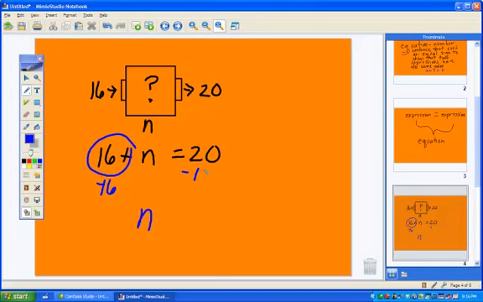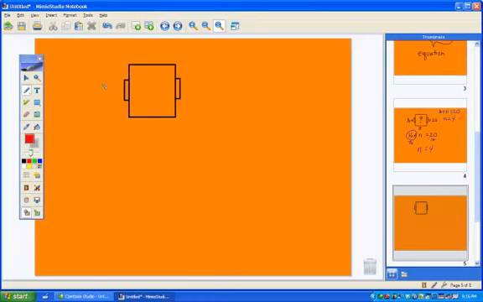So I'm going to subtract 16 over here. And when I say 20 minus 16, I get 4. So n equals 4 in this equation. I'm going to put 4 into the box. And it's going to come out 16.